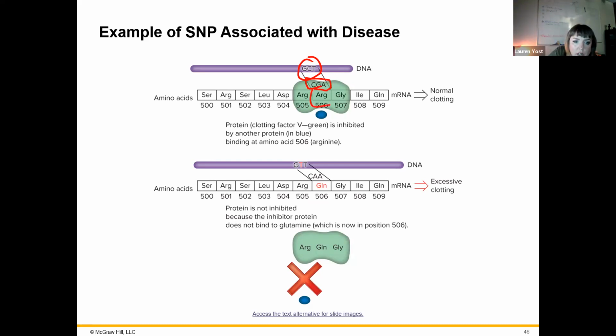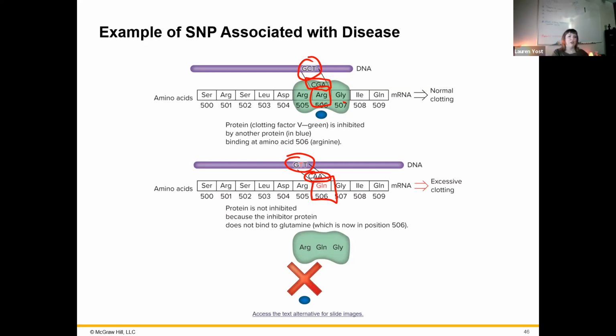This would be your arginine here. So it would be arginine, glycine. Well, this person down here below has GTT instead of GCT, and then its matchup is a CAA as a result. That would end up giving us glutamine, GLN, that particular amino acid.